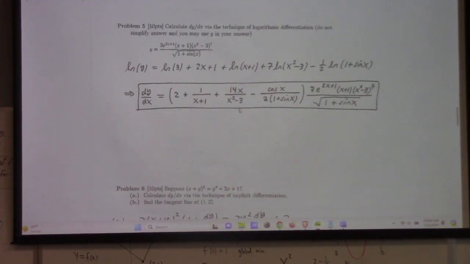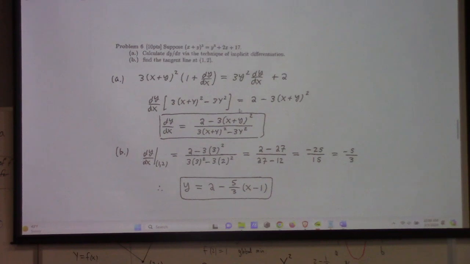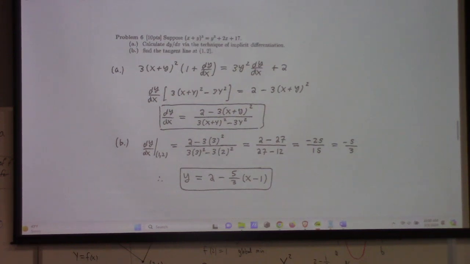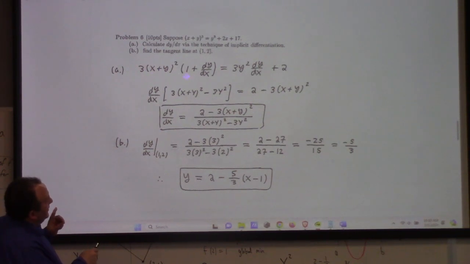Here's our logarithmic differentiation problem. I think a lot of you got that right, which is good. Implicit differentiation, I think the most popular mistake here was not sorting through the chain rule. See, because we've got (x plus y)^3, 3 times (x plus y)^2 times the derivative of the inside function. The derivative of the inside function is 1 plus dy/dx, because the derivative of x is 1 and the derivative of y is dy/dx, and then solve for dy/dx.